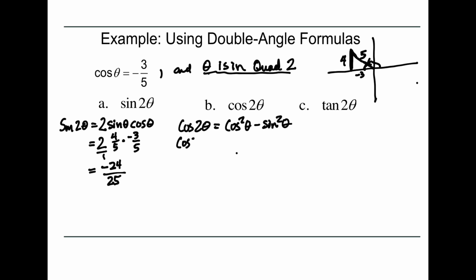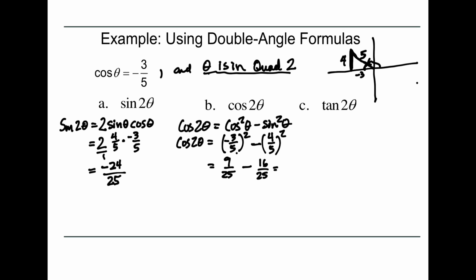So the cosine of 2 theta: cosine was negative 3/5, so negative 3/5 squared, subtracting sine squared, and sine was 4/5. So that's 9/25 minus 16/25.